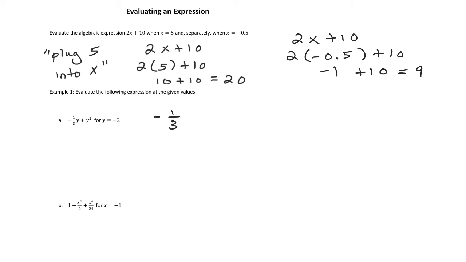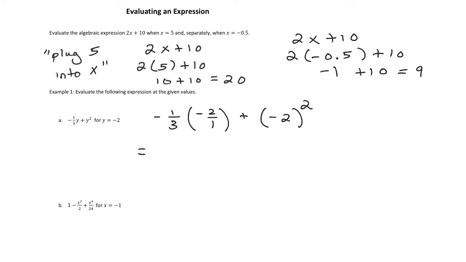In place of y, I'm going to write this as negative 2 over 1, since we have to combine two fractions together. And then I'll put plus, and again for y squared, I don't think we need a fraction this time, so I'll just put negative 2 and I will square it. So here we've plugged the number in. We just have to now simplify it down to one value.